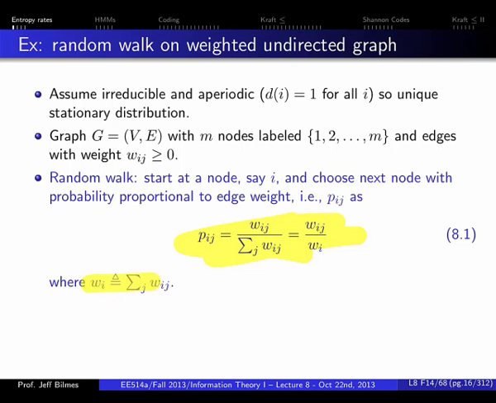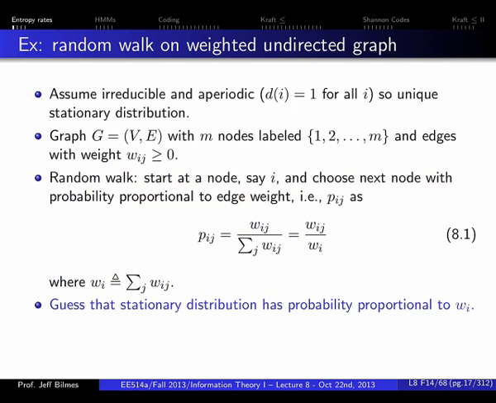Okay, and where Wi is just the normalization constant. We're just summing over the outgoing edges, or over the edges that are incident to a given node. If the node is i, then we sum over all nodes j. And if some of them are not there, it doesn't matter, their weight is 0.